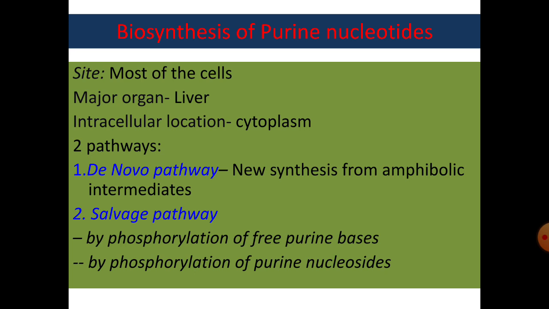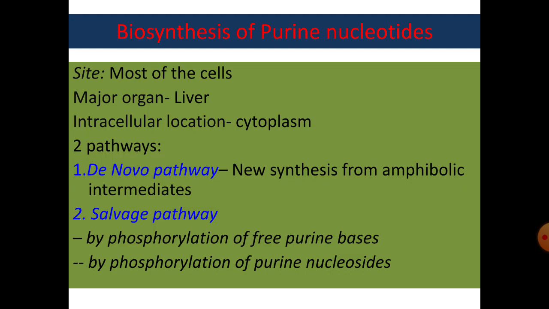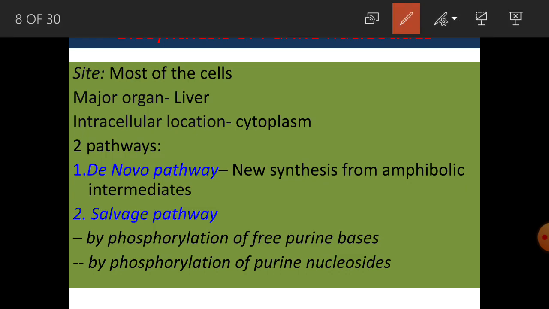It is from the intermediary catabolic products of purine catabolism. So, free purine bases either will be rephosphorylated or purine nucleosides will be phosphorylated to give rise to nucleotides. Fine.